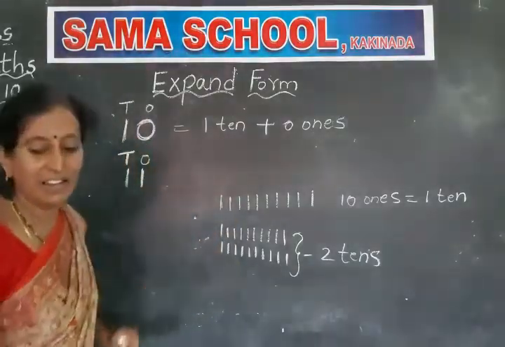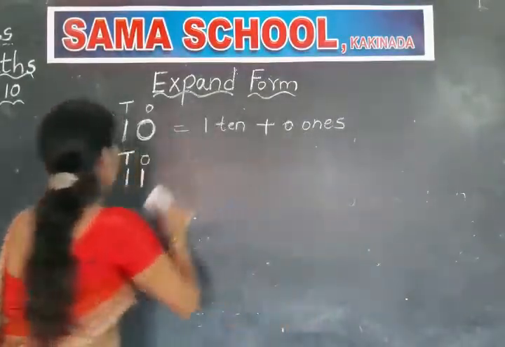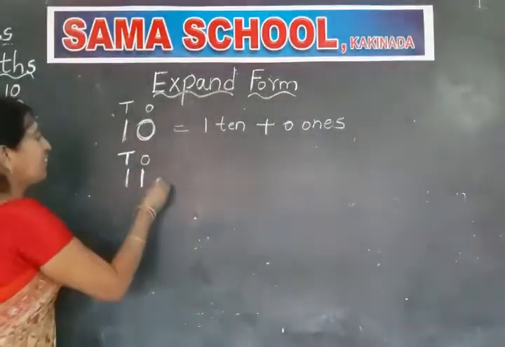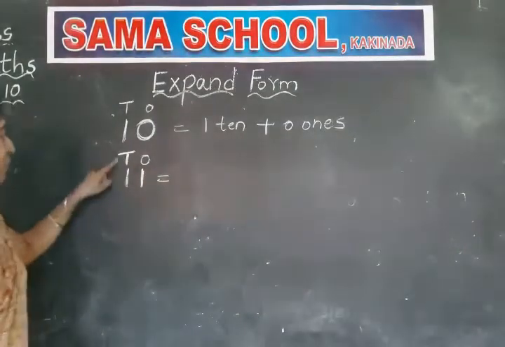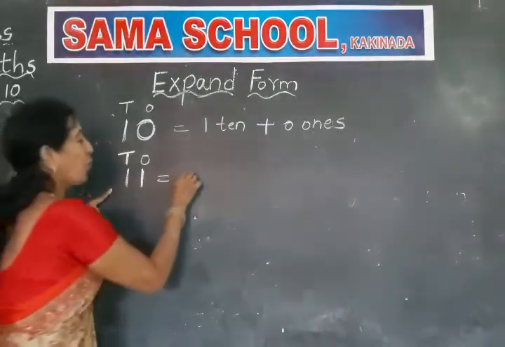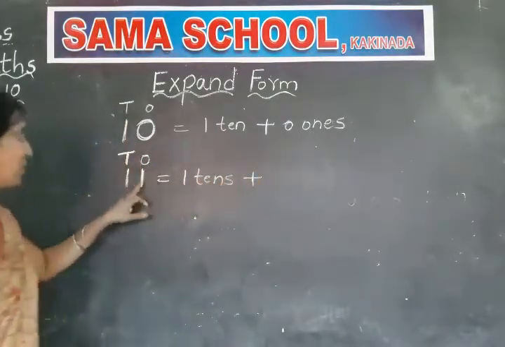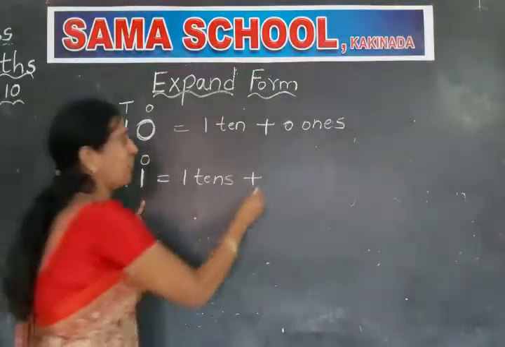Now see here. Here 11 is there. So in this 11, how many tens are there? Only one ten. Plus in ones place how many ones? Only one one.